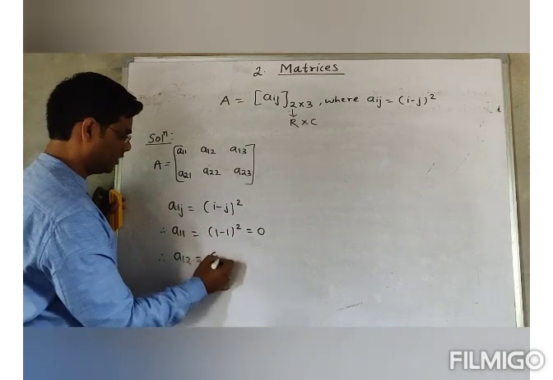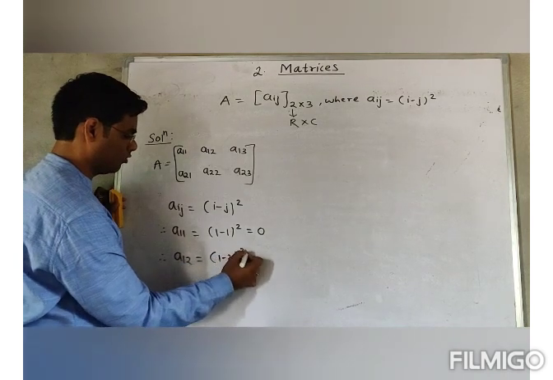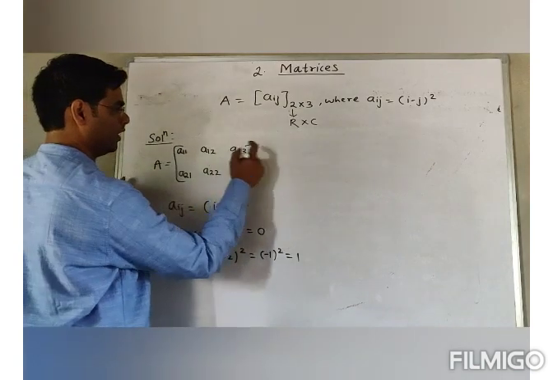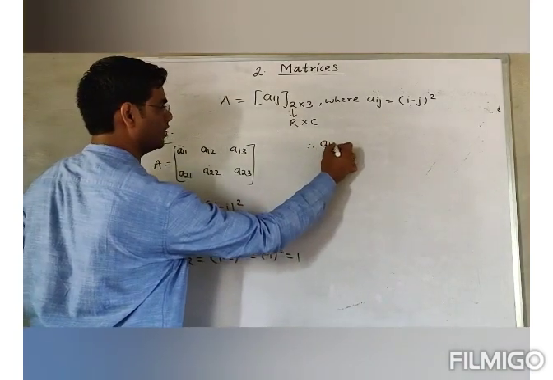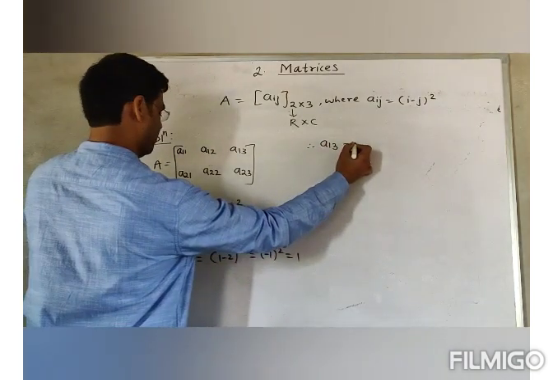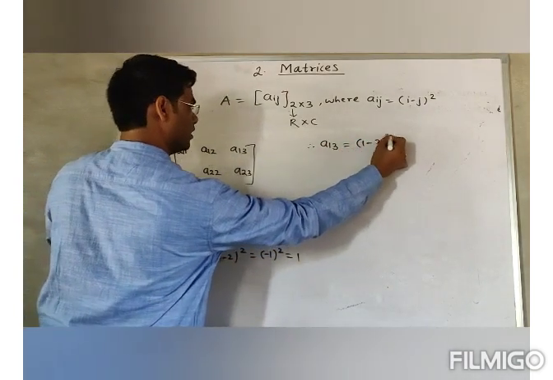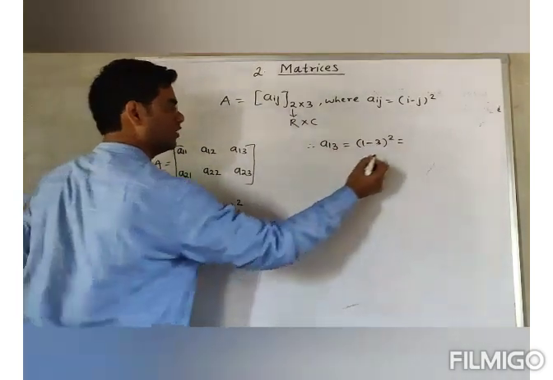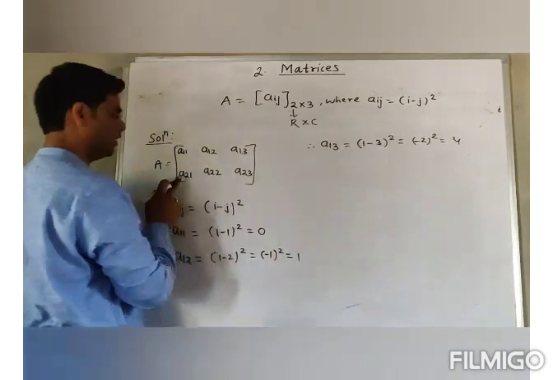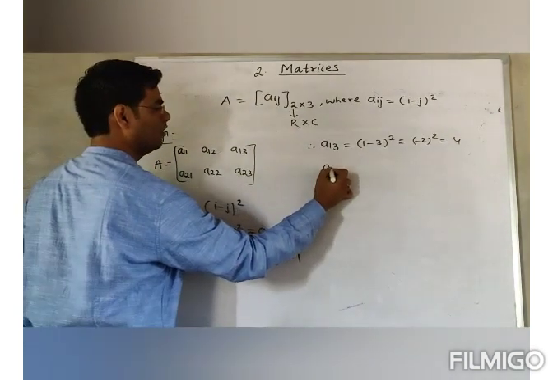So it becomes (1 minus 2) the whole square, that is (minus 1) the whole square, that is 1. Next element is A13. i equals 1 and j equals 3. Now 1 minus 3 is minus 2, and (minus 2) the whole square is 4.